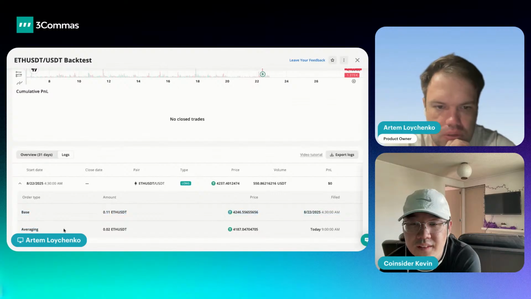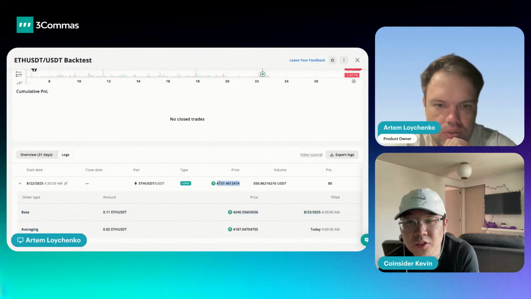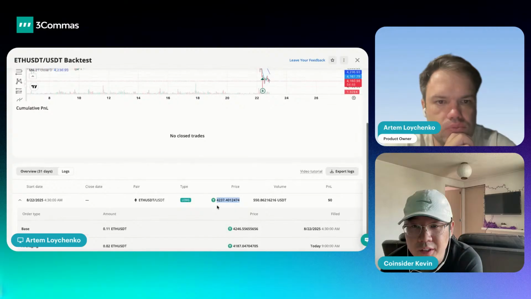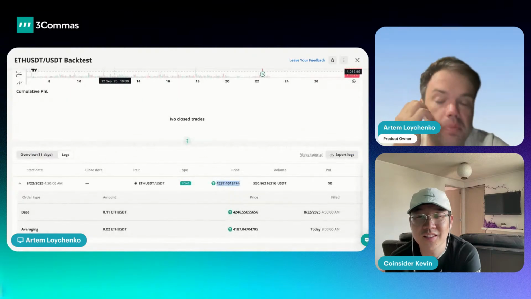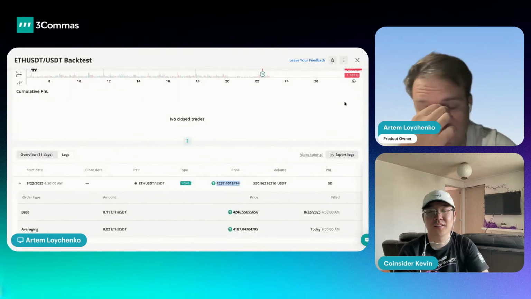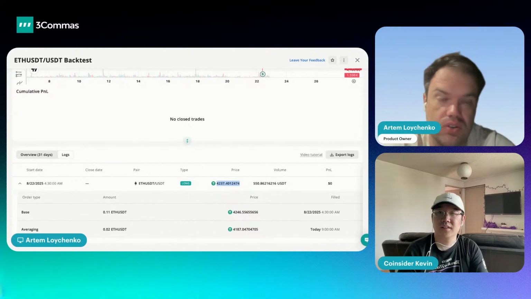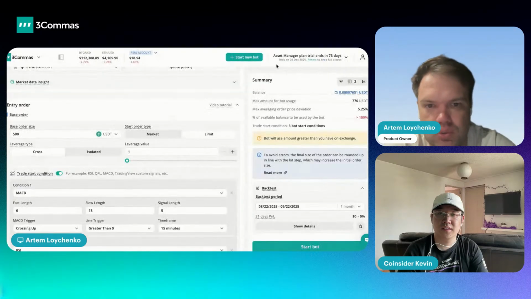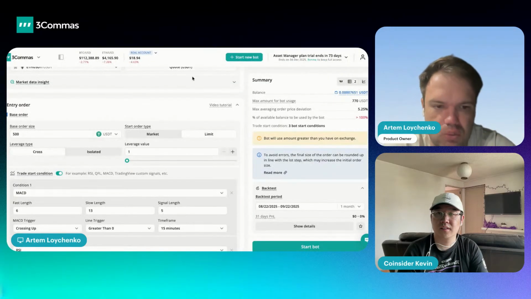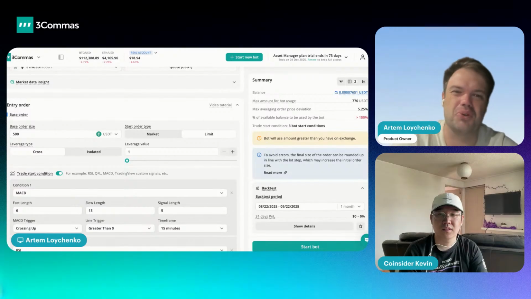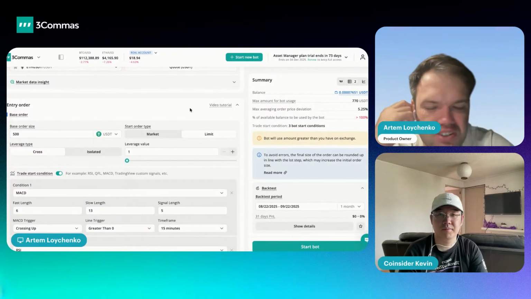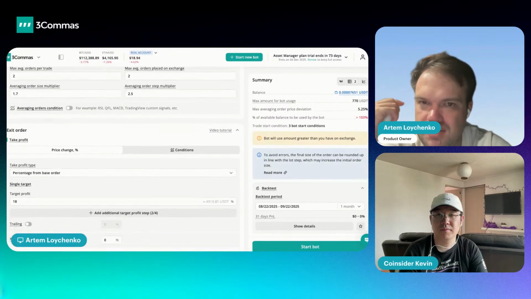Isn't your take profit and stop loss quite wide? Or was that on purpose? It is on purpose, actually. I would say that the stop loss is a bit wide because generally you want the take profit to be twice as high as the stop loss. In this situation, it's not the case.